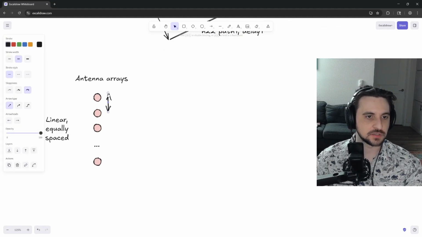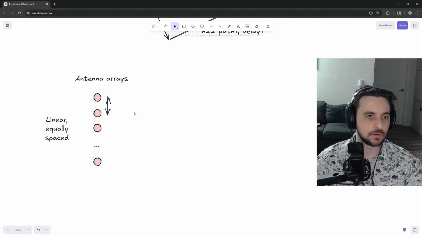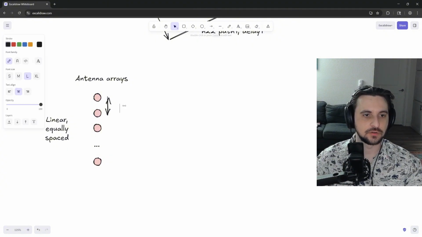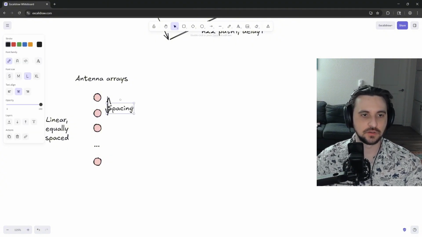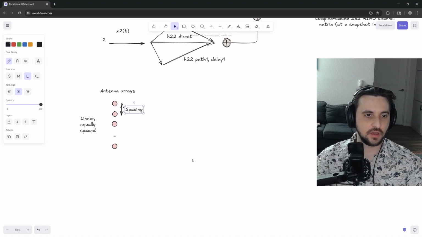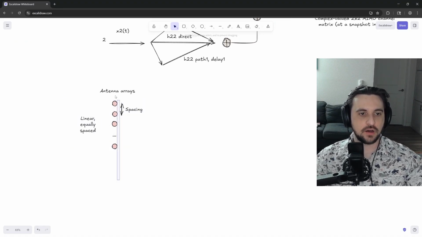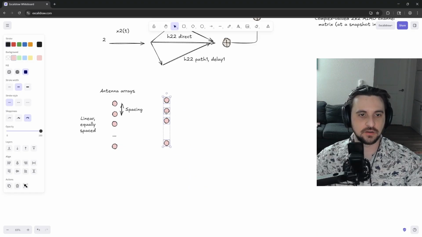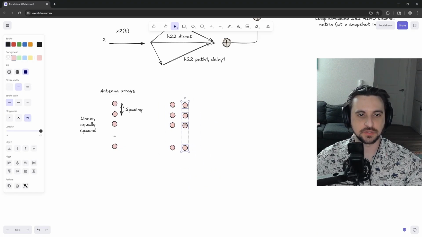Okay, obviously, there's a spacing. And then what do we have? Well, obviously we have a 2D grid of antennas with different spacings now in each of the axes, right?